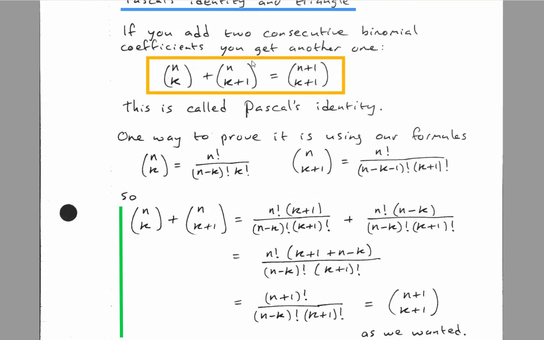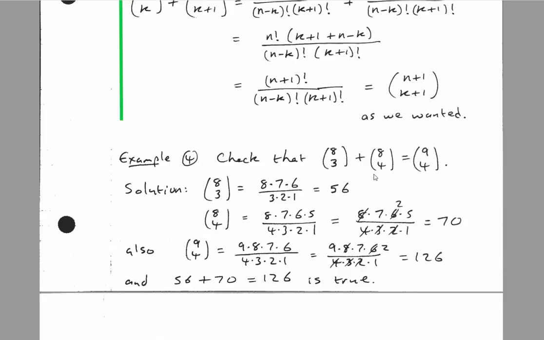So that's a special case where n is 8 and k is 3. Well, 8 choose 3, that's 56. 8 choose 4.